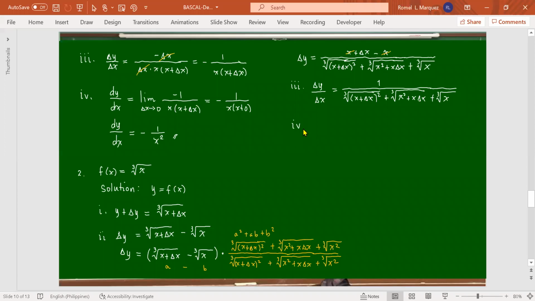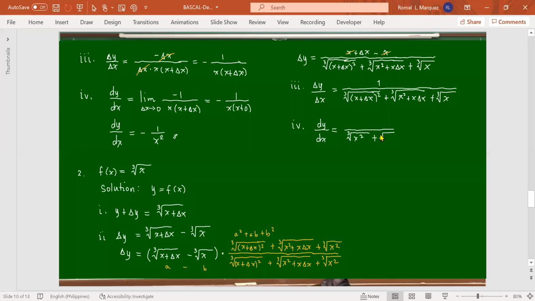The last one, that's now the derivative. I will just evaluate the limit immediately, ha? What value, guys? The numerator becomes the cube root of what? X squared, no? Plus 0 rin to.